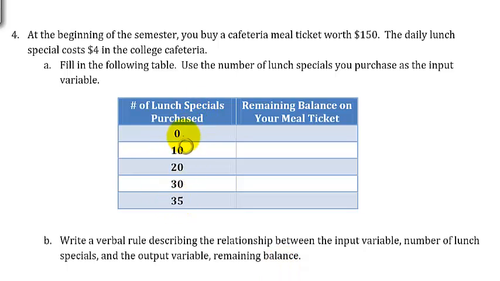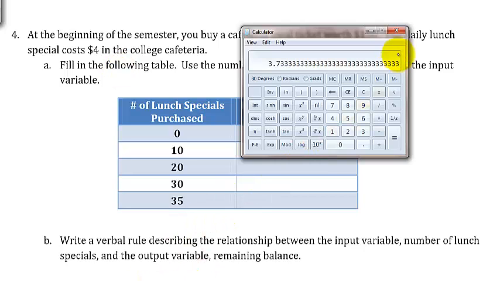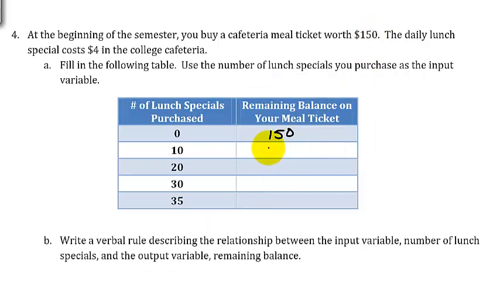So here are a number of lunch specials that we purchased, and we want the remaining balance on our meal ticket. So if we haven't purchased any meals yet, then we'd still have the full $150. If we had purchased 10 meal tickets and they're $4 each, then that would be 40, and so we would have used $40 of our 150, and so that would be $110.